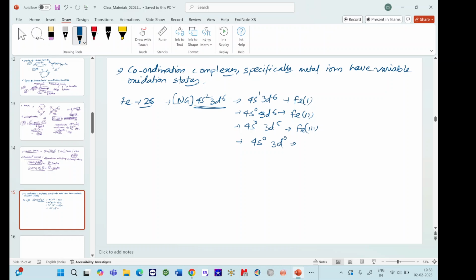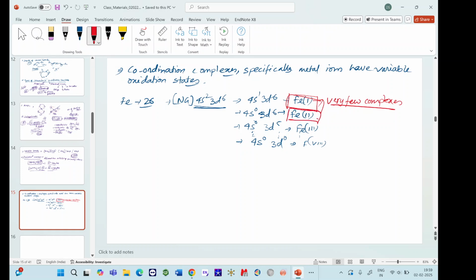But are all of the oxidation states stable? No. Iron 1 we cannot see. It is very unstable. Somewhere in very few complexes we can observe the Fe1 state.